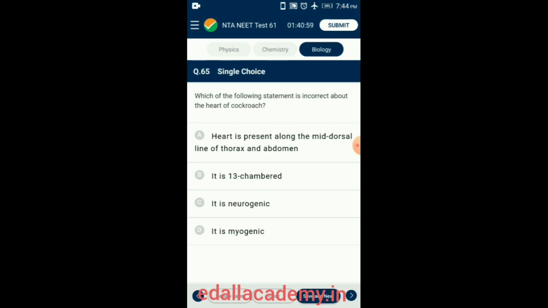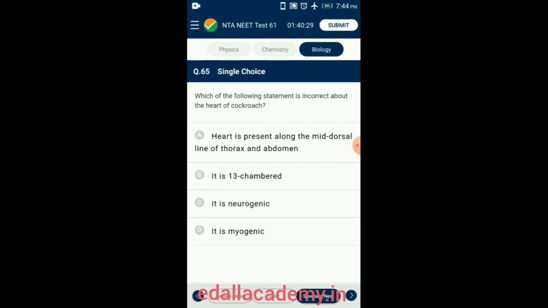The heart is divided into 13 funnel shaped chambers, of which 3 lie in thorax and 10 in abdomen region. Each chamber has a pair of openings at the sides called ostia. The ostia are guarded by valves which allow the flow of blood from pericardial sinus into heart but not in the opposite direction.